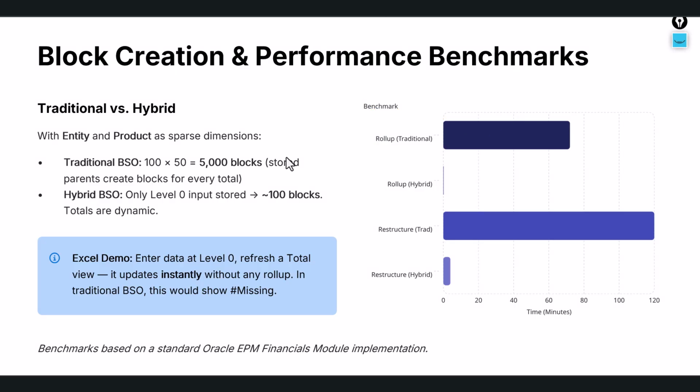In hybrid BSO, we design it so that only the level 0 sparse members are stored. That means we may have around 100 blocks or a similarly small number. It only creates blocks if there is data, because only the leaf entity or product combinations that have data actually create a block. The totals at parent level, that is region, total entity or total product, are purely dynamic at query time.